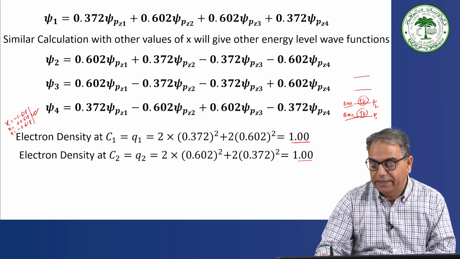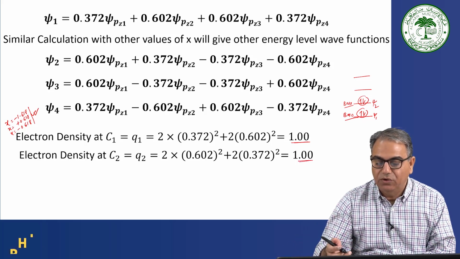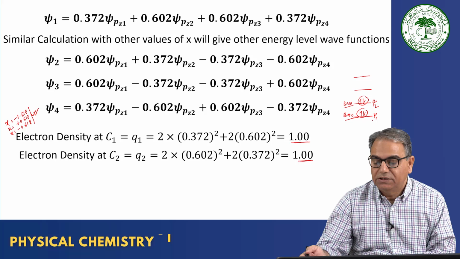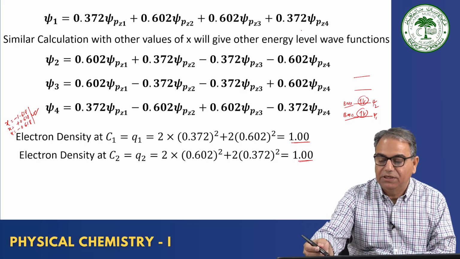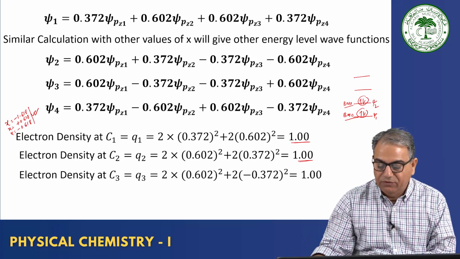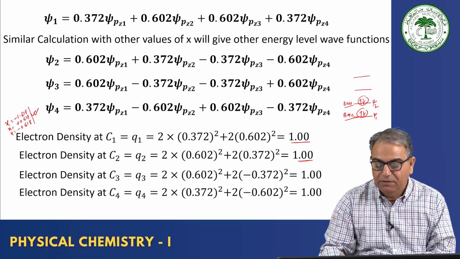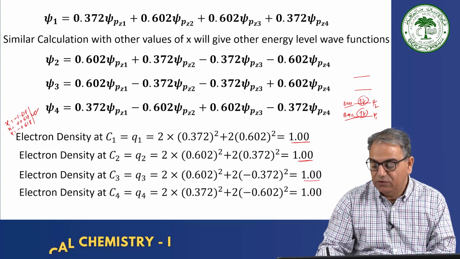So obviously by now you know that if you go for C3 and C4, both the energy levels will have the same coefficients, and you will have the same value. Because the negative square will also become positive, and everywhere the electron density is 1.